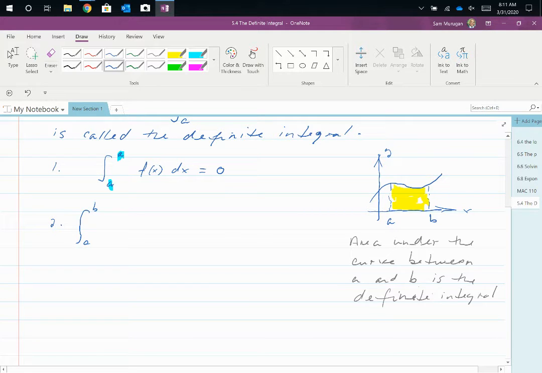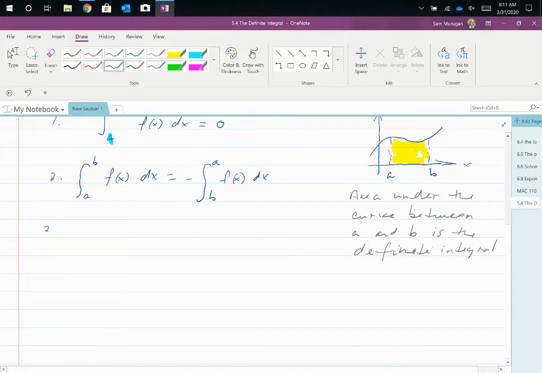The area between a and b of f of x, the definite integral, is the same as if we reverse the upper and lower limits, it's the negative of that quantity. And it actually comes out precisely when you do it.